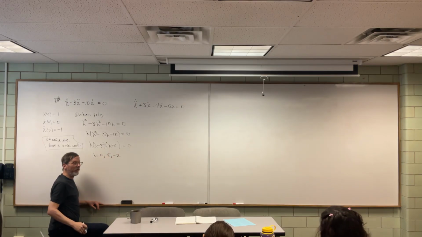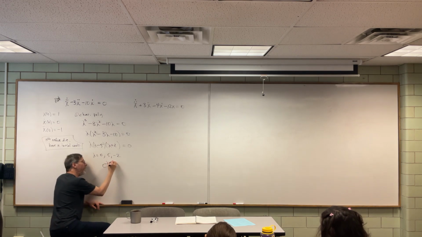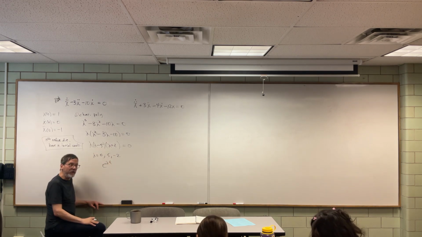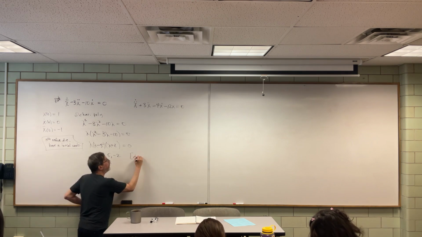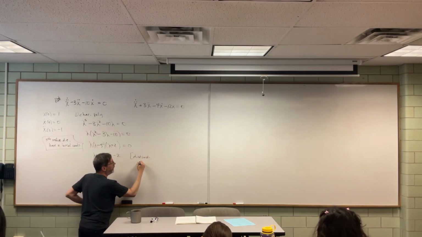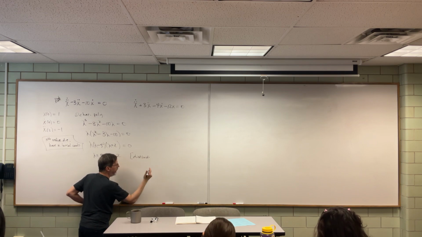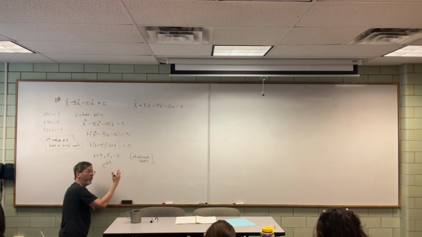Each one of those corresponds to a solution of the form e to the lambda t. So, notice that these are distinct roots. Today we're going to deal with the repeated roots and other cases. We'll have everything knocked out by the end of the day. But these are distinct roots. In other words, they're all different.